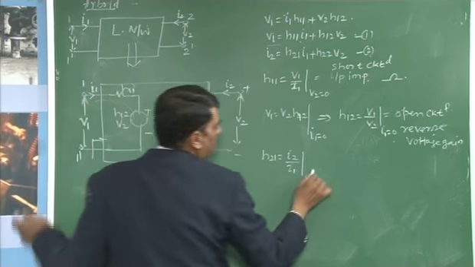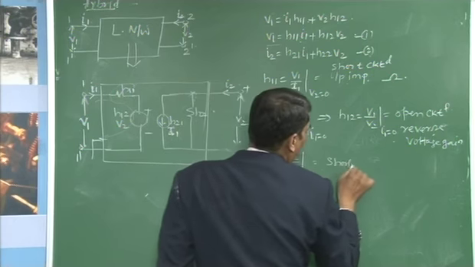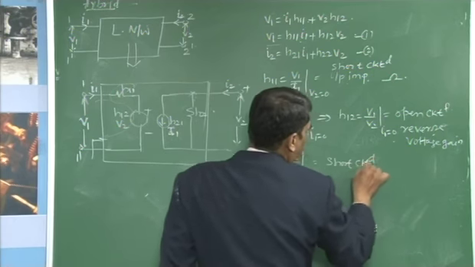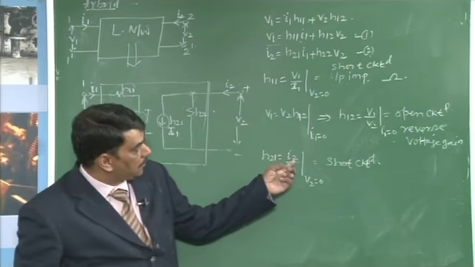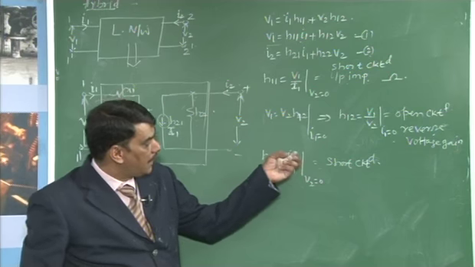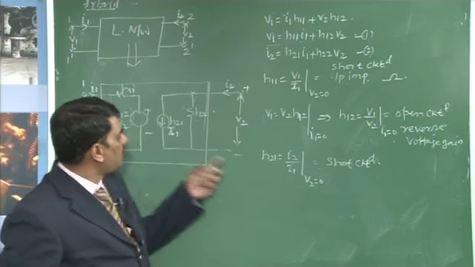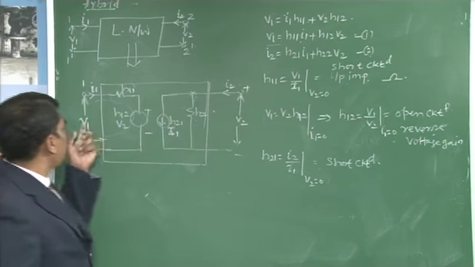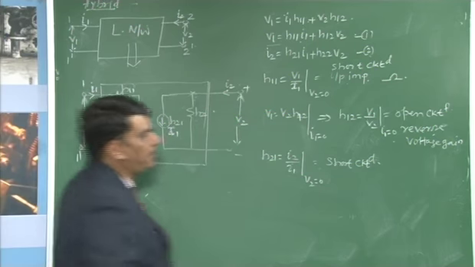The ratio of output current to input current is a current gain, and since I2 is driven by the input current I1, it is known as the forward current gain.